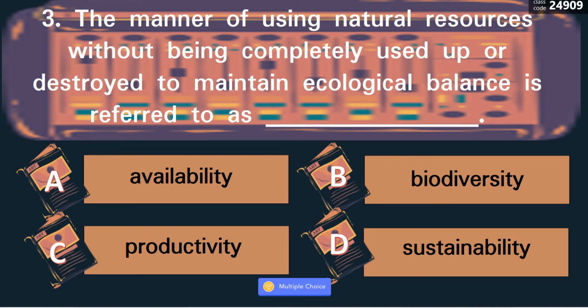The manner of using natural resources without being completely used up or destroyed to maintain ecological balance is referred to as. Is it A, availability? B, biodiversity? C, productivity? Or D, sustainability? You're also correct. This is letter D, sustainability.